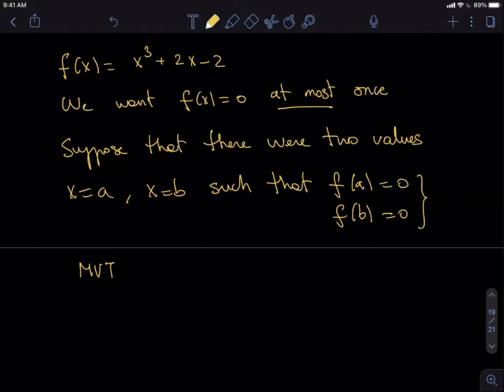Okay, remember, f is a polynomial. That means it's continuous. Well, it's differentiable everywhere.